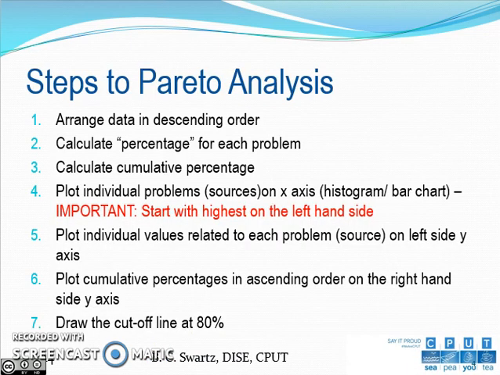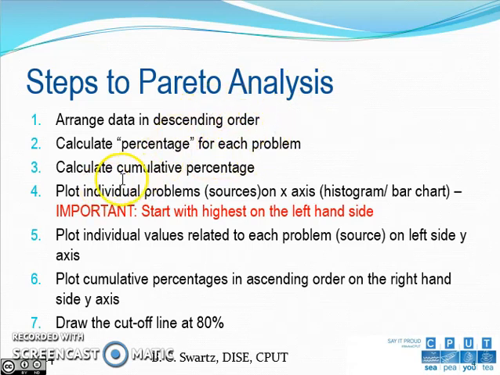So I'm going to start by listing the steps of Pareto analysis. This might still sound like a bit of waffle, but do not be intimidated. I'll list the steps first, and then I will explain each step by step. Before we start, know that there are 7 steps to doing a Pareto analysis, and these steps are: first, arrange your data in descending order. In fact, there's a step before that, which is collect your data, but of course, we know that we need to do that.